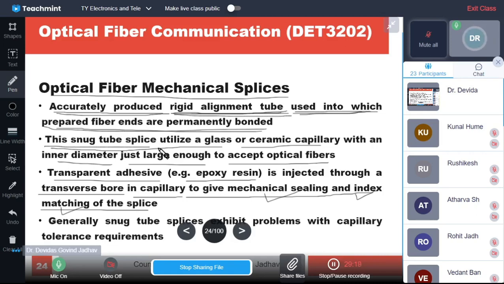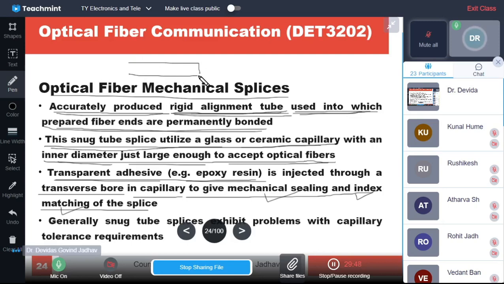This snug tube splice utilizes a glass or ceramic capillary with an inner diameter just large enough to accept the optical fibers. Then transparent adhesive epoxy resin is injected through the transverse bore, because it is a mechanical splice.